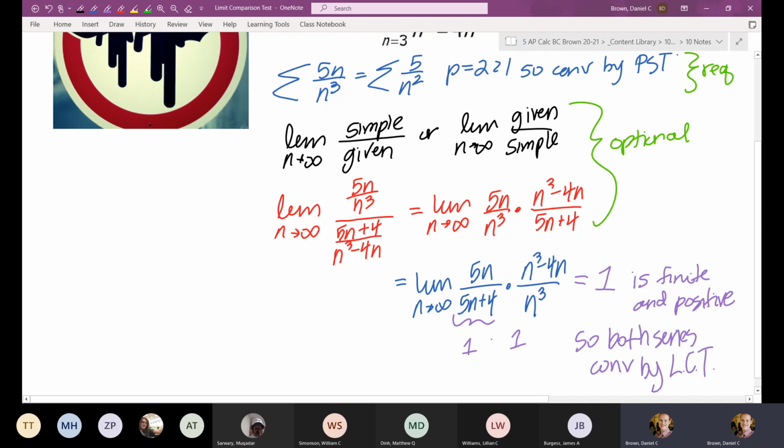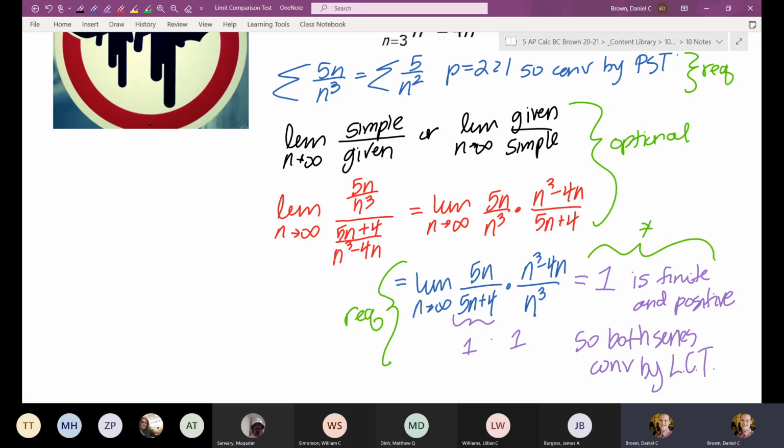So you don't have to clearly show the simple over the given, as long as you think through and just know you're multiplying by a reciprocal and rearranging at the same time. So it is perfectly okay to jump straight to what I have in the blue. And then of course state the number you get and why it is important. And then of course your conclusion with the known test. So that's basically the limit comparison test.